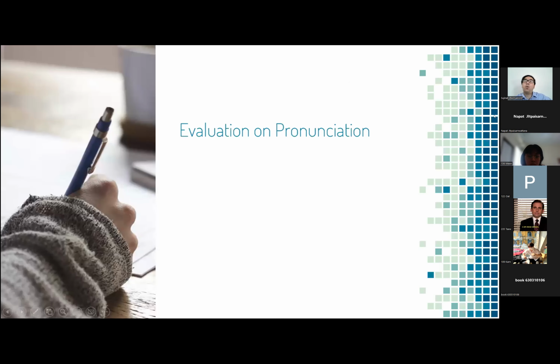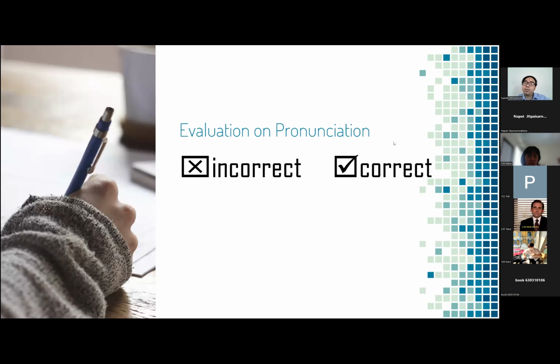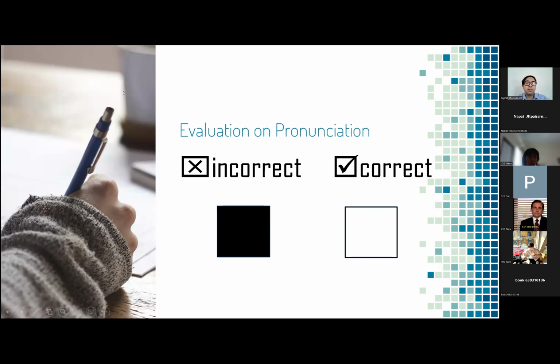Okay, so when we learn anything, we need to have some evaluation and assessment, right? Sometimes we need to decide whether a thing is correct or incorrect, but in reality it is quite difficult to decide whether this one is black or that one is white.